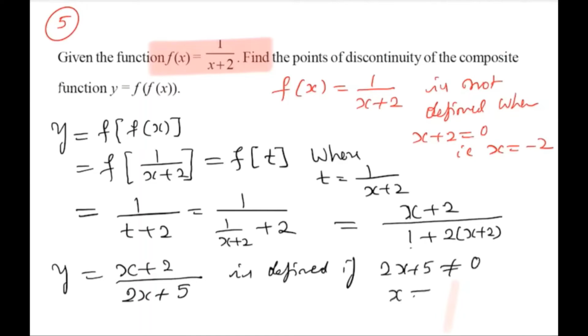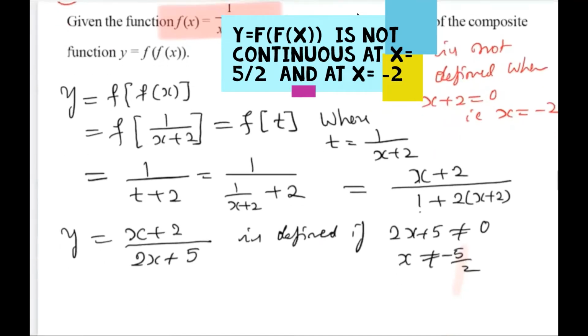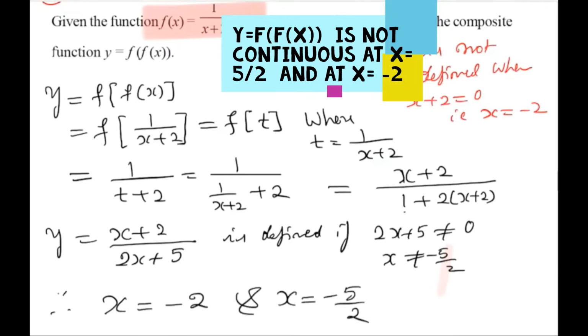So x should not be equal to minus 5 by 2. That means at x equal to minus 5 upon 2, the function is not defined, means not continuous, rather discontinuous. So therefore, the points of discontinuity are x equal to minus 2 and x equal to minus 5 by 2.